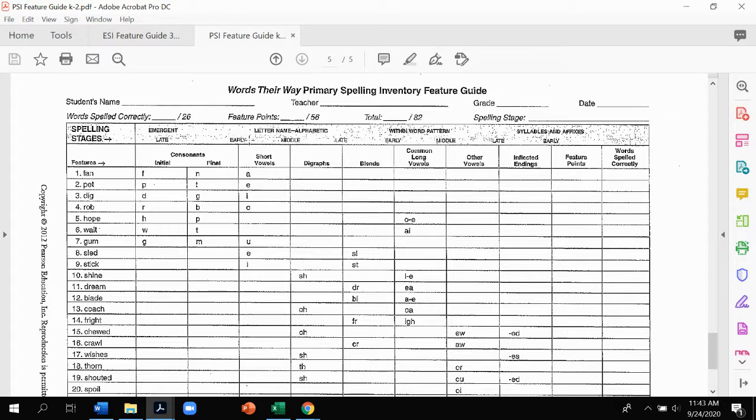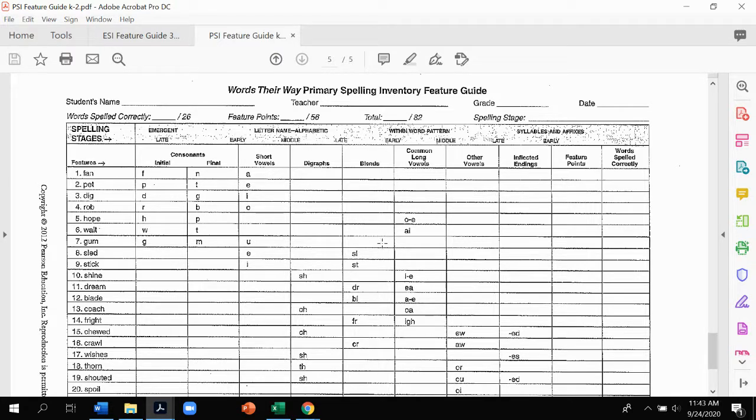We can identify whether they're at the early part of that, the middle part of that, or the late part of that, and use your context clues to understand what those mean. Early would mean they're still maybe a little emergent, not quite fully knowledgeable about letter name alphabetic parts of words. Middle would be they're pretty good, and late would mean they're almost at within word pattern.